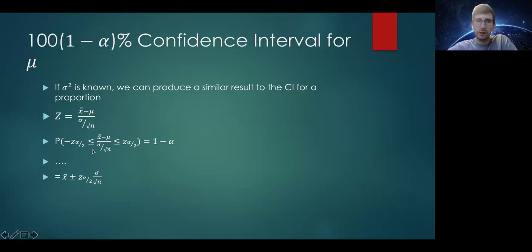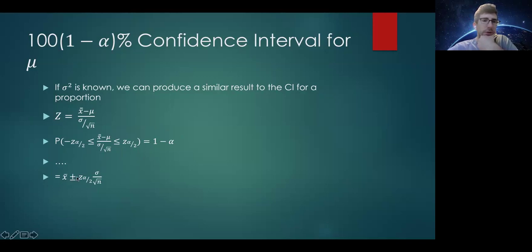Just like in the last video, we can rewrite the z value on the inside, do some algebra, and get a formula for the confidence interval for our population mean. That population mean would be on this left side, and it looks very similar.